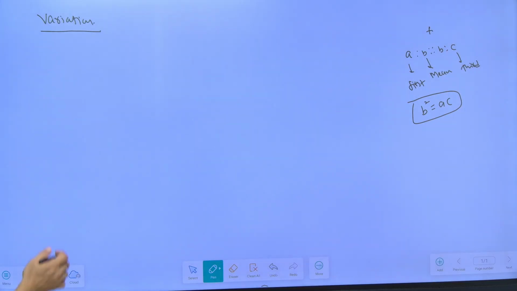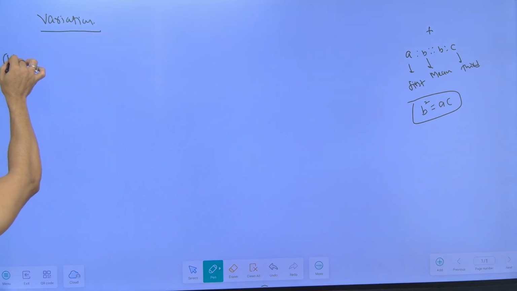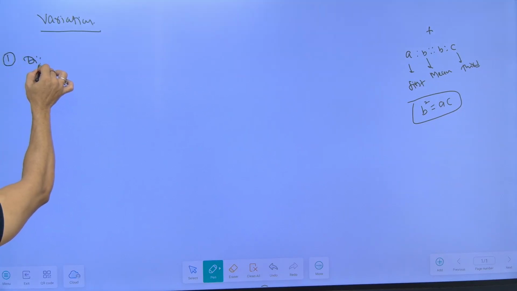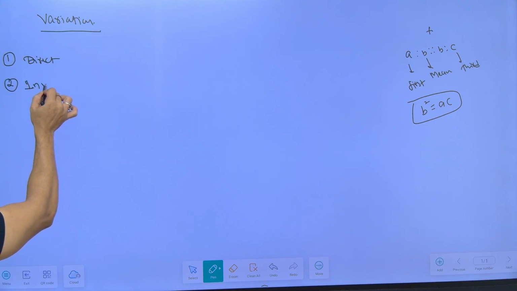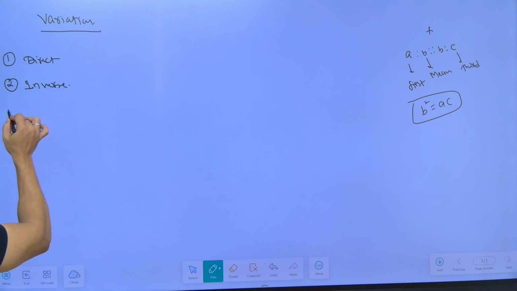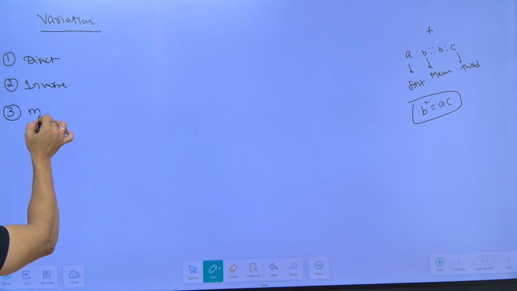There are three types of variation. Variation means when one value changes with respect to other values. So first is called direct variation. Second is called inverse variation. Third is called mixed variation.